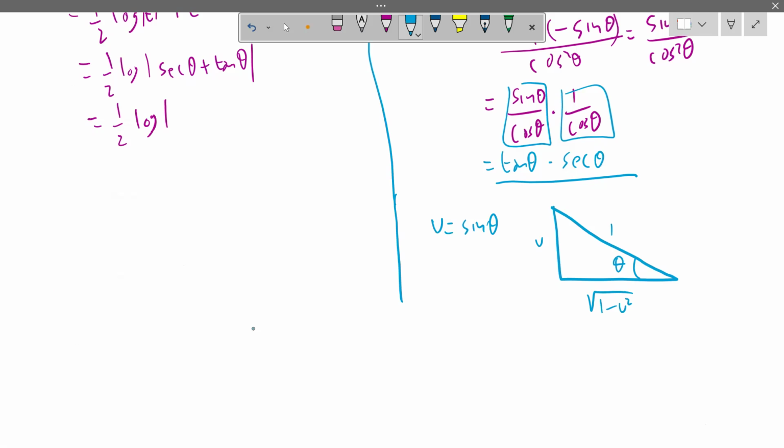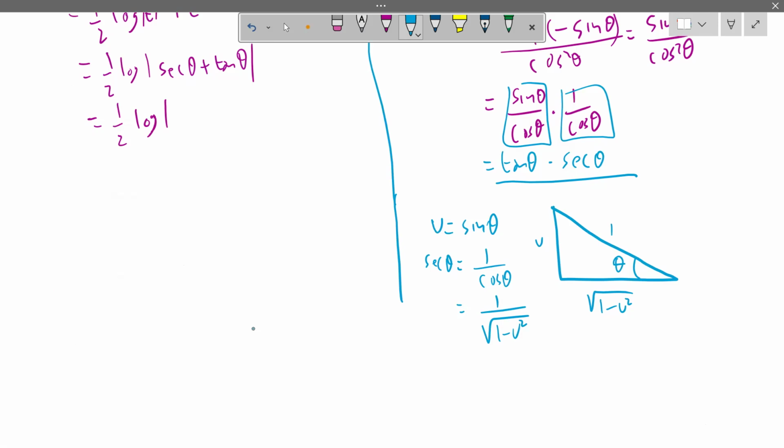So in this diagram, what is secant of theta? The secant of theta is 1 over cosine of theta. If you remember SOHCAHTOA, cosine is adjacent over hypotenuse, but because we are evaluating secant, we have to flip it. So it is 1 over the square root of 1 minus u squared.